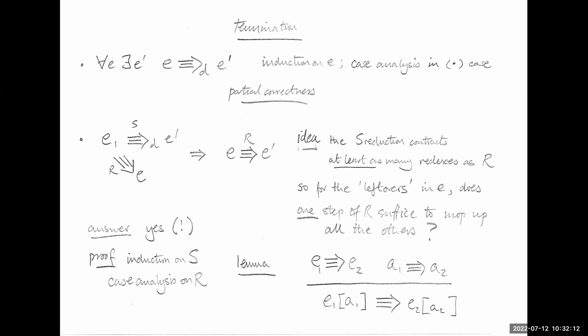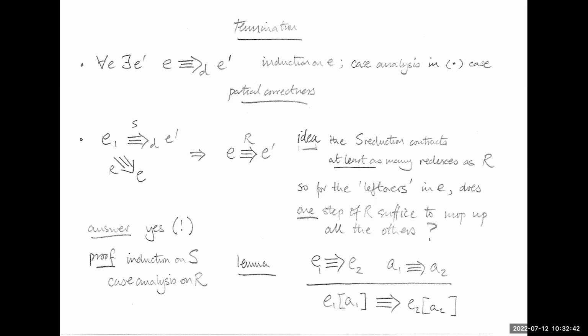So S is a more defined relation, or rather a more strictly rule-bound relation than R. So you should always do induction on the thing which is most strictly defined. So that's S. And then you have an ancillary hypothesis about R. But in all of those rules, the term shape of E1 is determined.